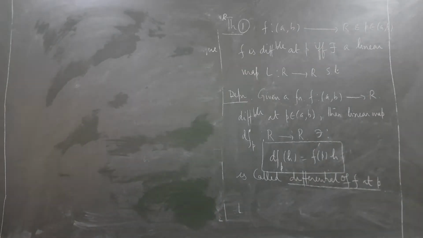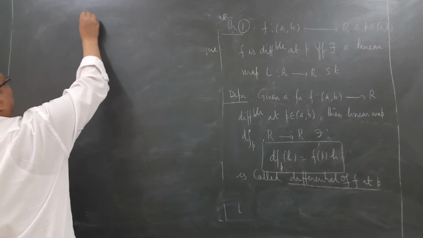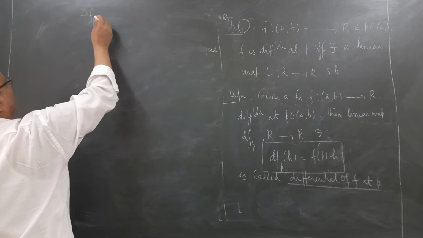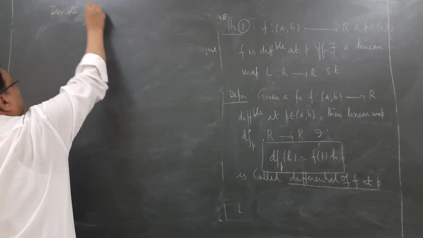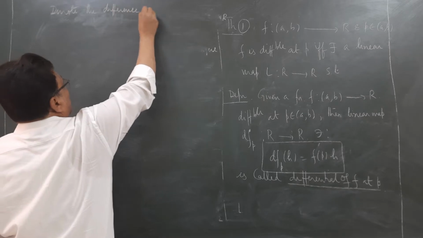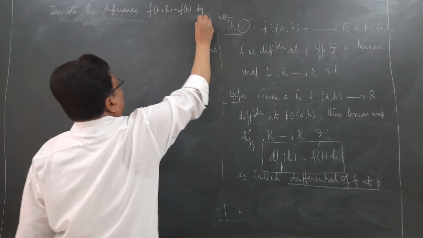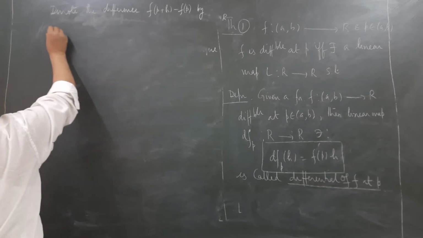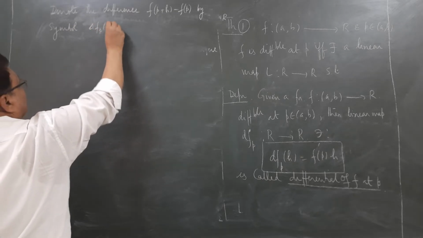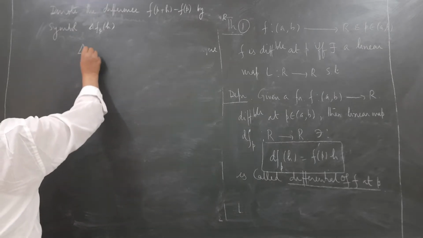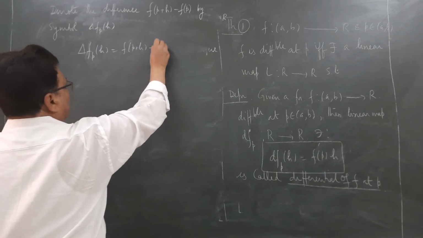Now, the situation is that when a function is differentiable from the interval (a, b) to R, let me denote the difference f(p+h) minus f(p) by the symbol Δf_p(h). So Δf_p(h) is actually f(p+h) minus f(p).